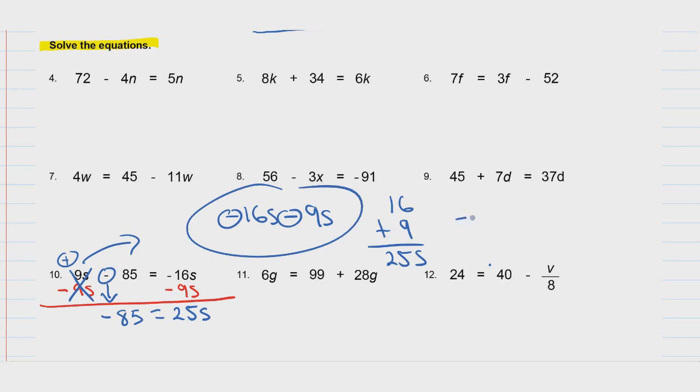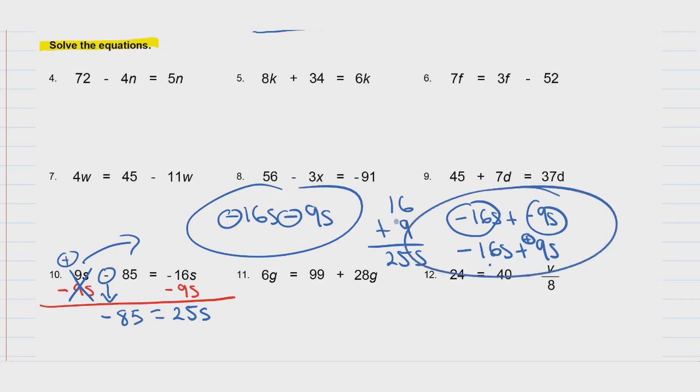You can rewrite the problem as negative 16s plus negative 9s. And since the signs are the same, you just add them together. If they're different, then you would subtract. So if I had a negative 16s plus 9s, since it doesn't have a sign, it's positive, they're different, so we would subtract. Hopefully that makes sense.